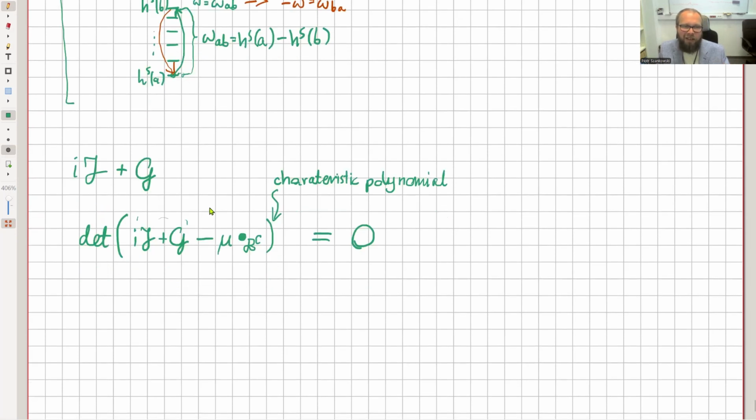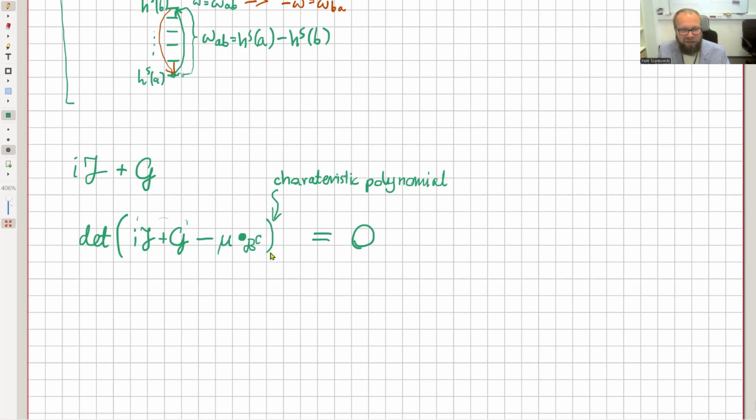And the fundamental theorem tells us that this equation always has as many solutions as the degree of this polynomial, which is equal to the dimension of our matrix.